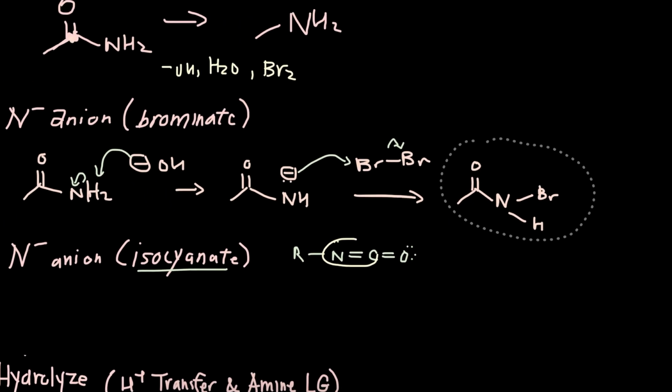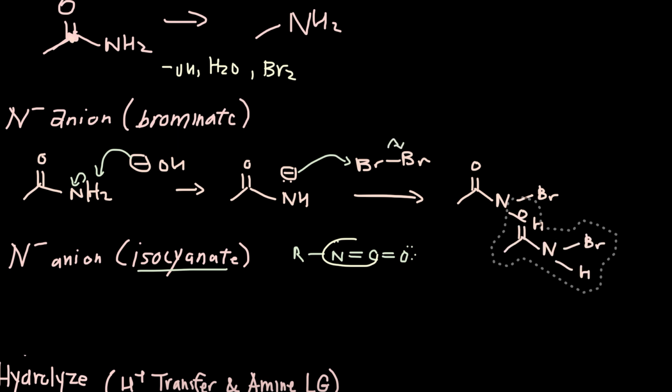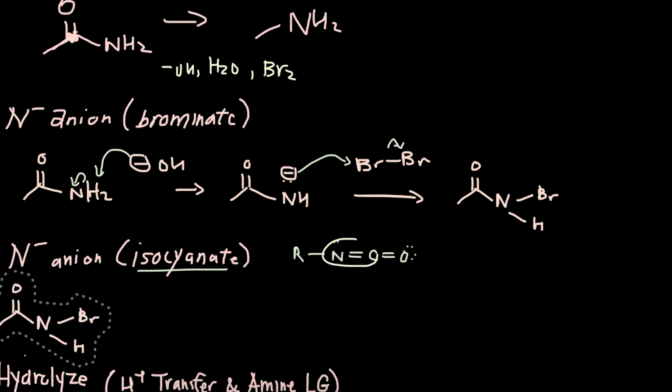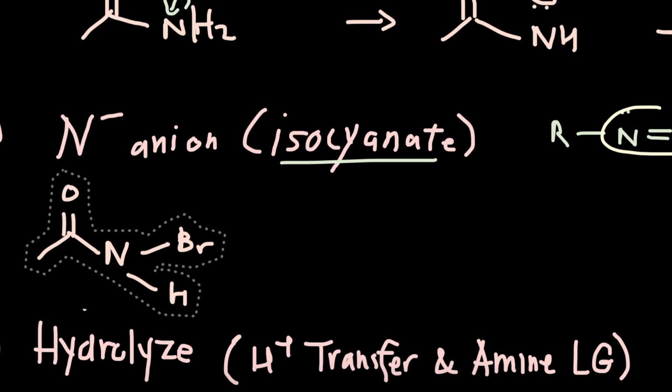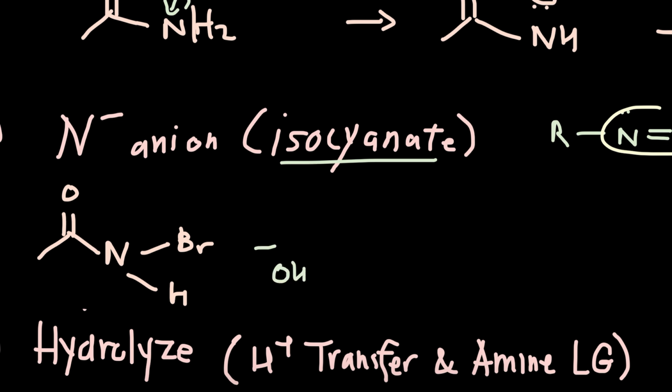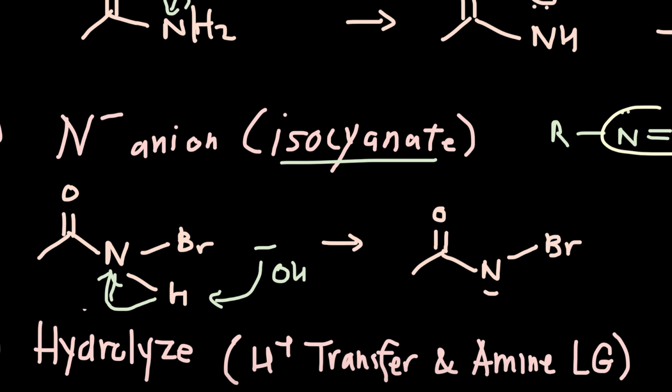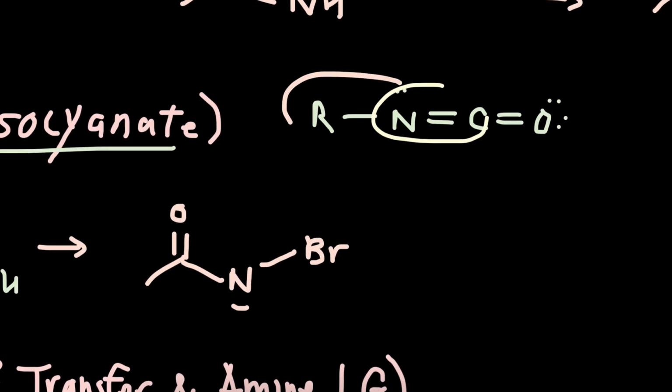The second step is we want to put a negative charge on the nitrogen once again. But this time we want the product to be an isocyanate. How we do that is notice that N and R are connected, whereas here the R group is connected to the carbonyl carbon.